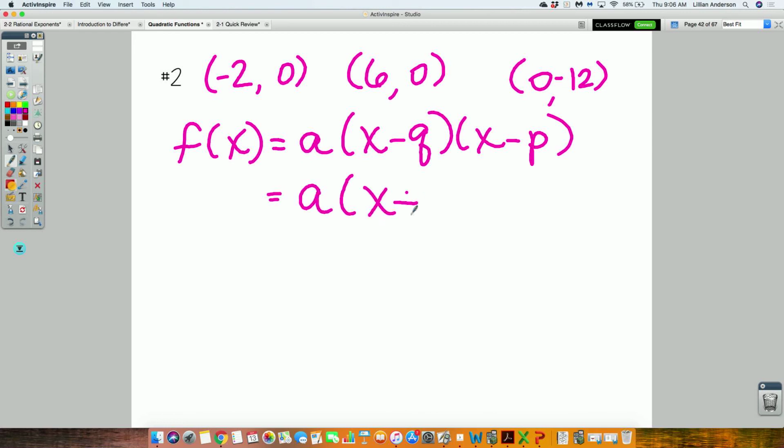It's going to be (x plus 2)(x minus 6). Be very careful. So think about it. If we were to solve this, we would set both of those factors equal to 0. So we have to get a negative 2 and a positive 6. So when you plug them into the factored form, it's the opposite. Turn it back to y. How can I find a? Plug in the y-intercept.